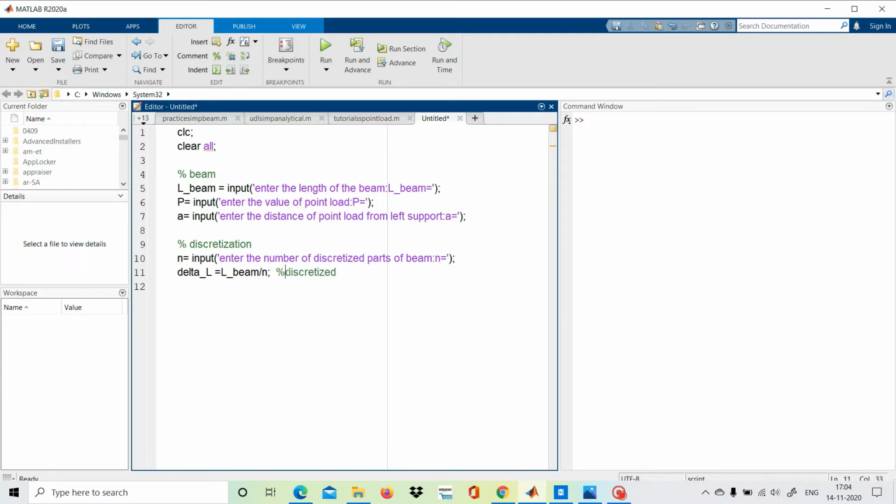We can write a comment for it: length of each discretized part, delta L.